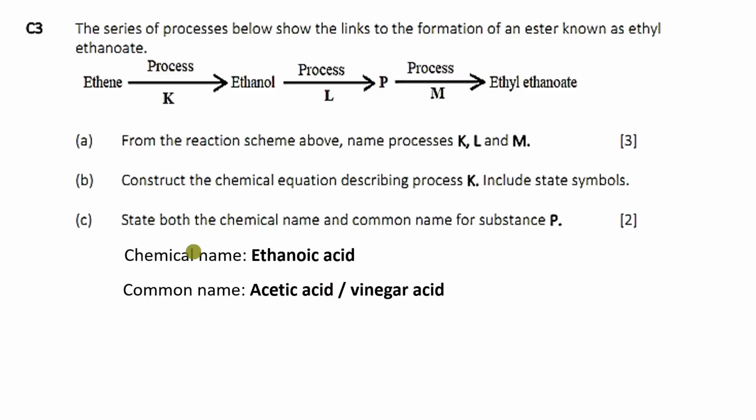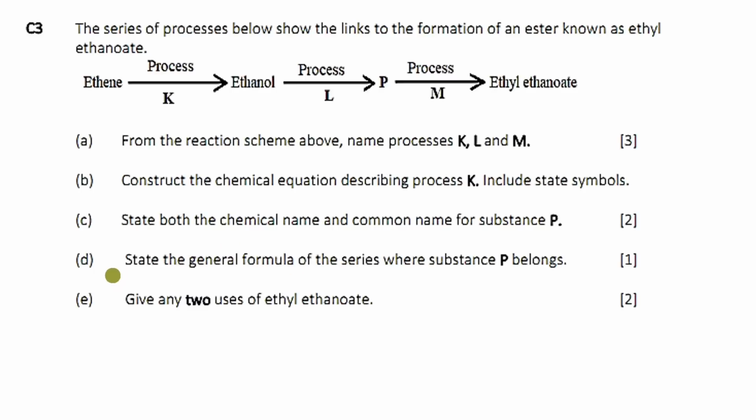Then we go to another question, which is to state the general formula of the series where substance P belongs. So P is a carboxylic acid. So what is the general formula for carboxylic acid? This is the general formula here.